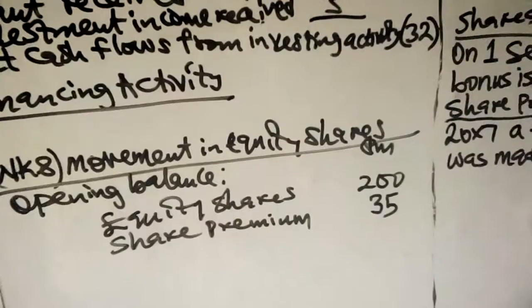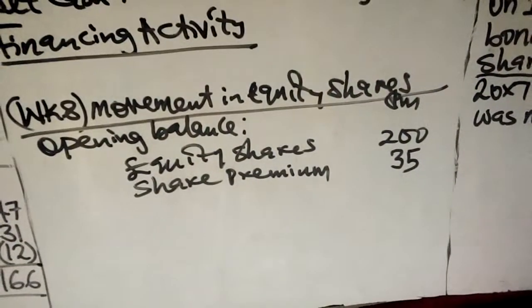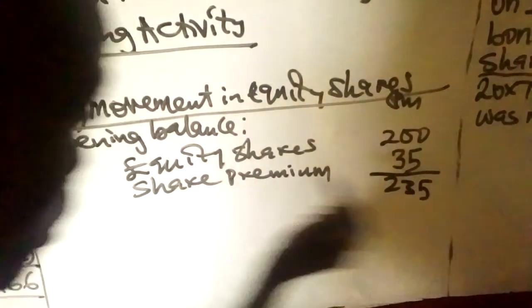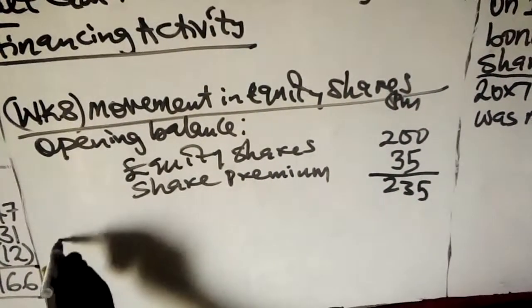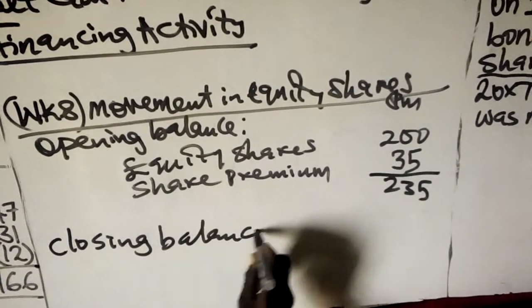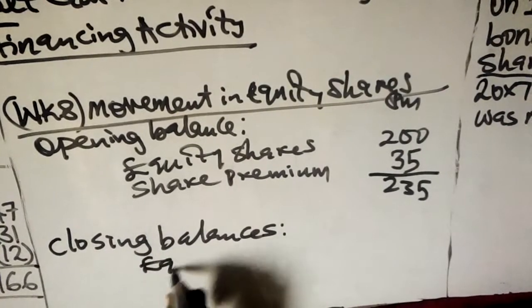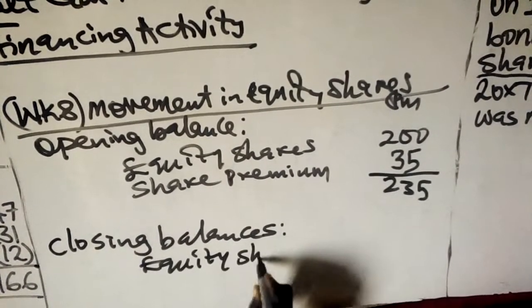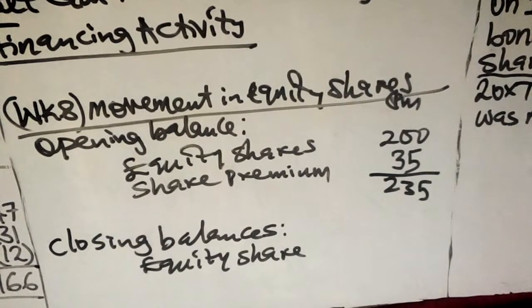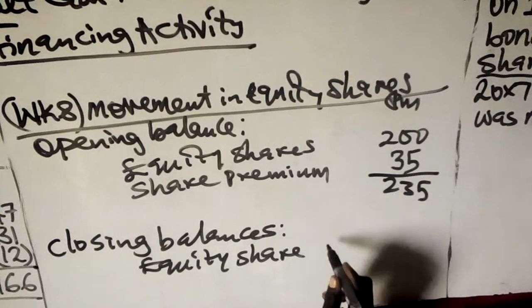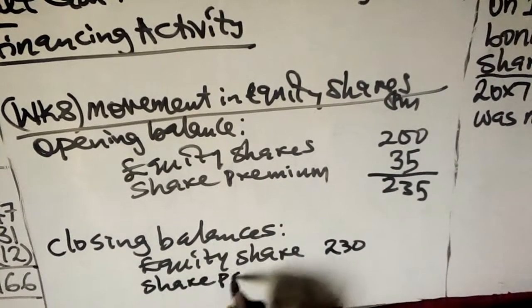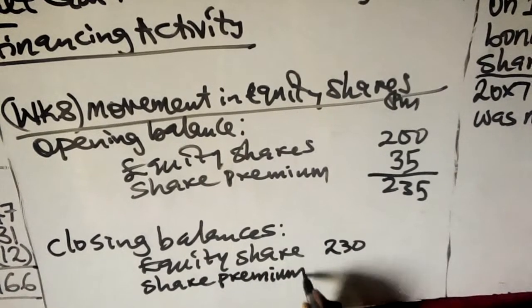Now let's consider the closing balance. The opening total is 235. The equity share closing balance is 230 and the share premium is 45.